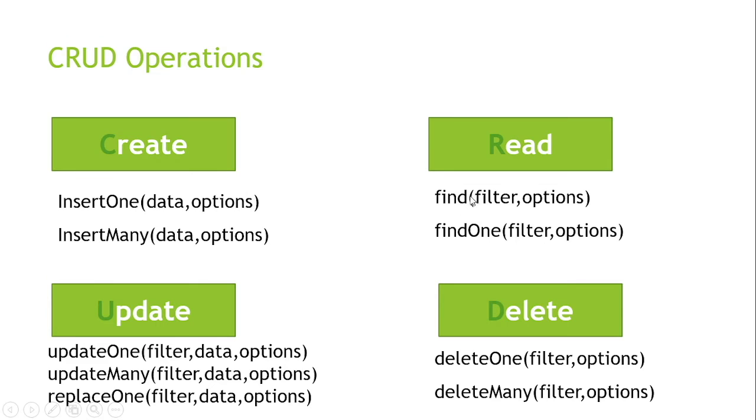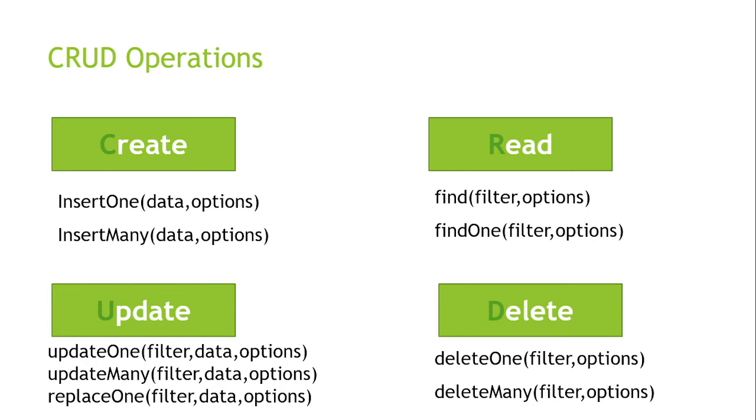The other one is find, which we already have seen in the last video. Find looks for all the data which matches the filter. We can also leave out the filter if you want all the data in that collection to show.